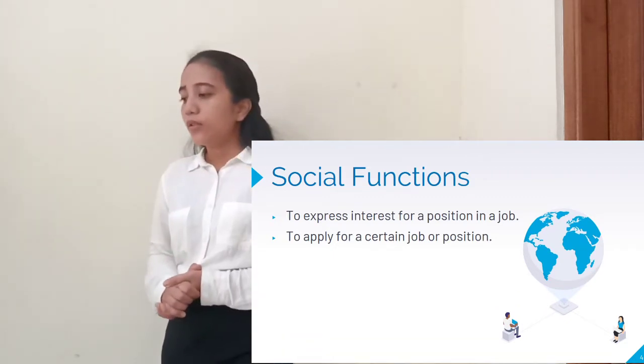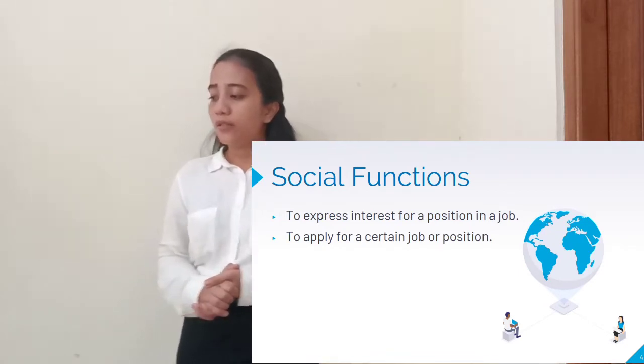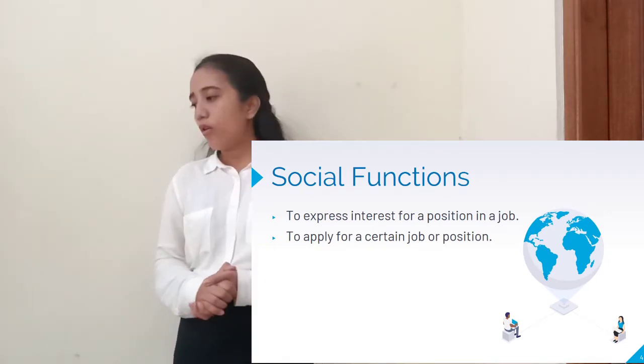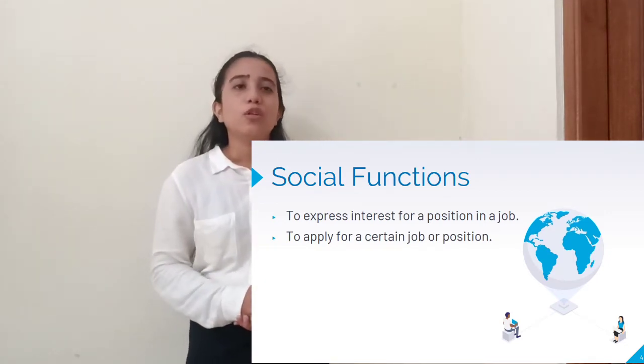And then the other function is to apply for a certain job or position. So you not only say that you like the position, but you also want the position.